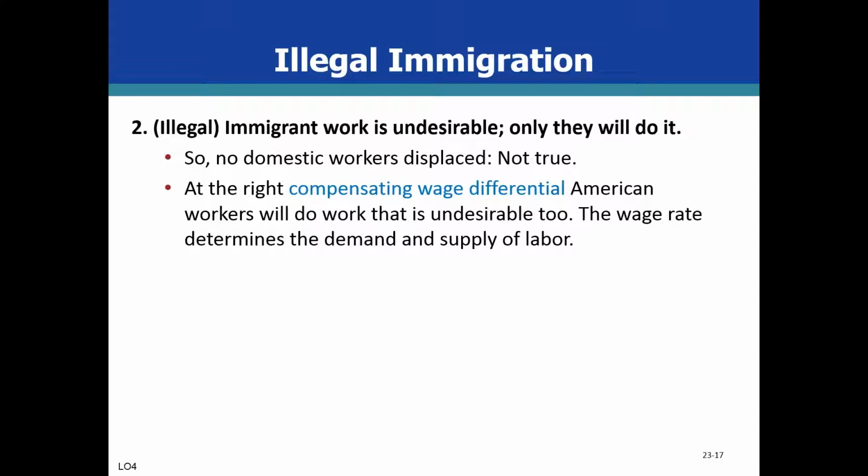So you have to ask yourself the question, is the employer paying the right wage for that labor, or are they circumventing the labor wage demand equation and just hiring illegal workers at a lower wage?